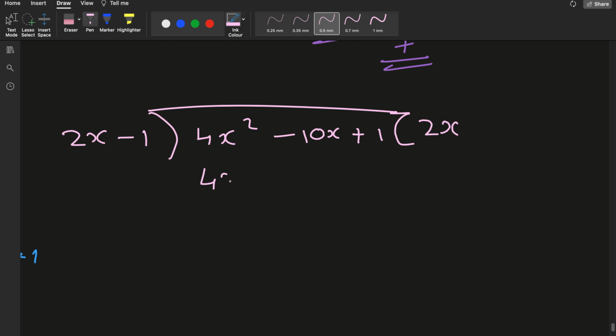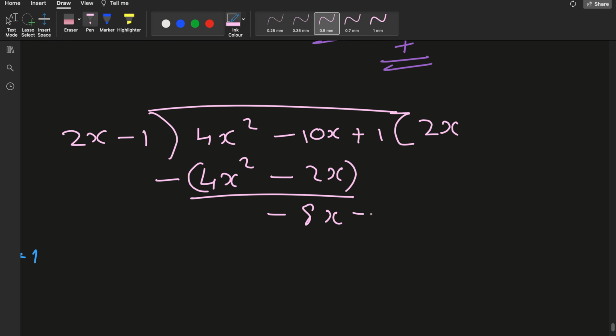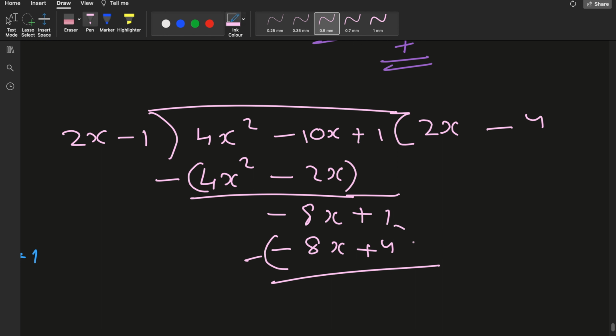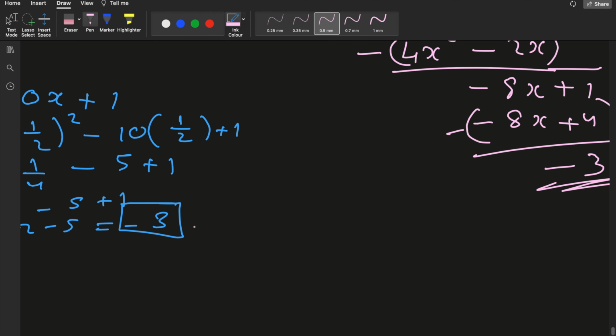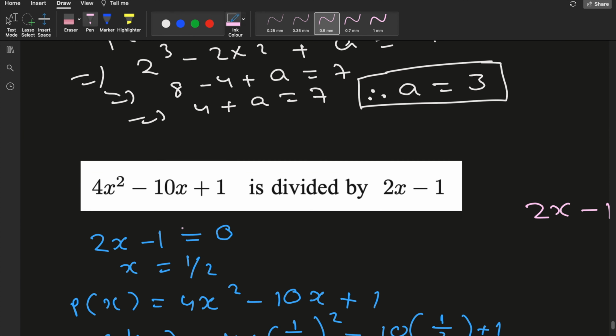So 4x squared minus 2x, and then minus 10 plus 2 would be minus 8x. Bring down the 1, we write minus 4, so minus 8x plus 4. Upon subtraction, we get minus 3, which was also our previous answer.